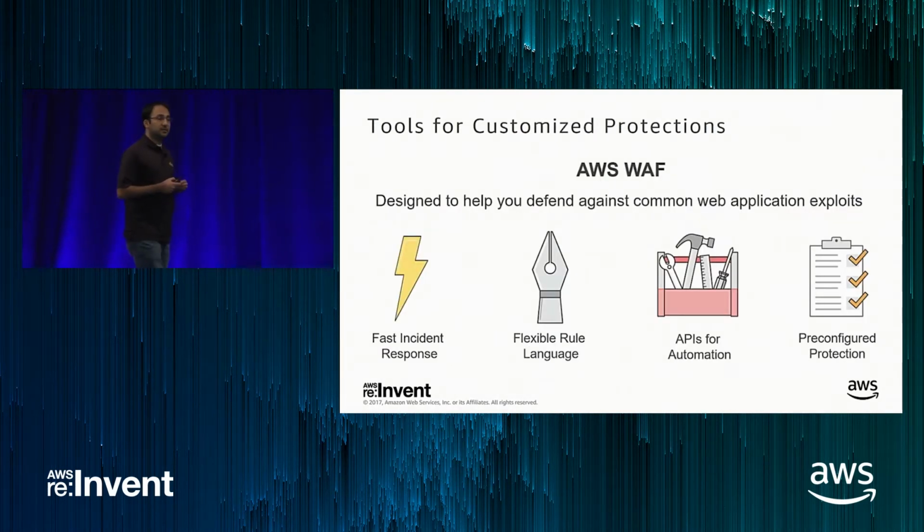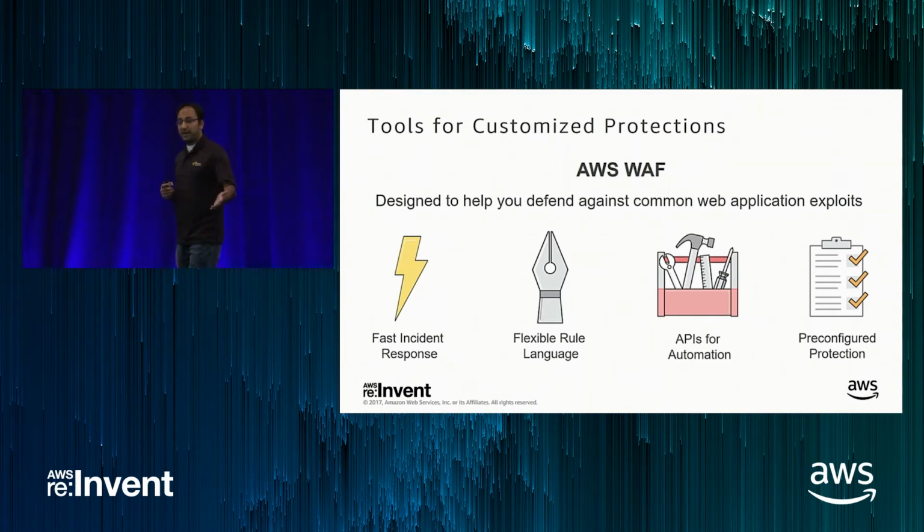The other tool that's really helpful in protecting your applications is AWS WAF. While security groups help you build those ACLs at layer 3, WAF operates at layer 7 or HTTP layer, and it allows you to defend your applications from web exploits. And with WAF, you can write rules that propagate to all web servers worldwide within less than 50 seconds.